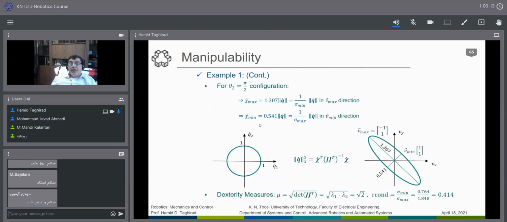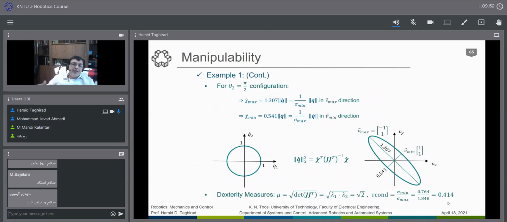Now, in terms of the measure, is it good if we are at 90 degrees for theta 2? Are we close to singularity or are we close to isotropy? This is something in between. You can see that lambda 1 times lambda 2 becomes square root of 2. It is not 0 and it is also not 1. And in the non-dimensionalized case, our sigma min over sigma max is equal to 0.4, which is not close to isotropy and also not very close to singularity.